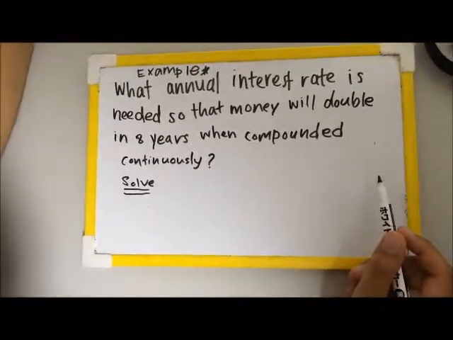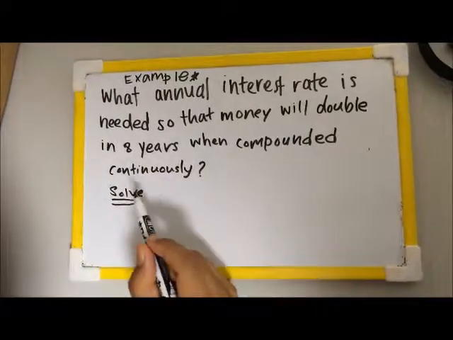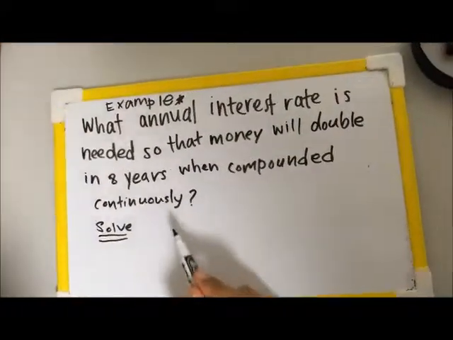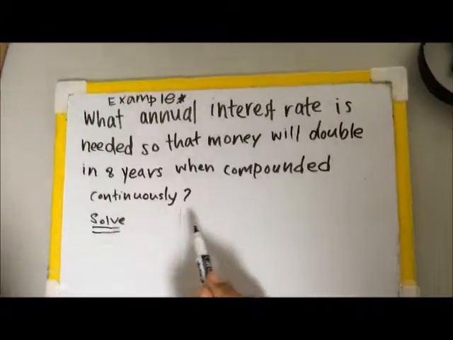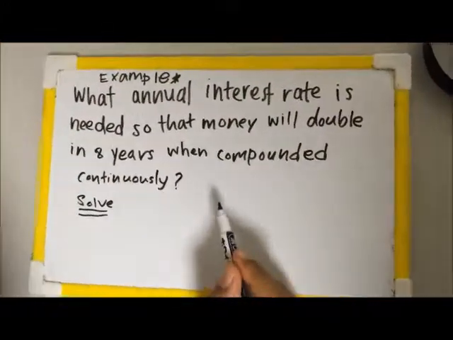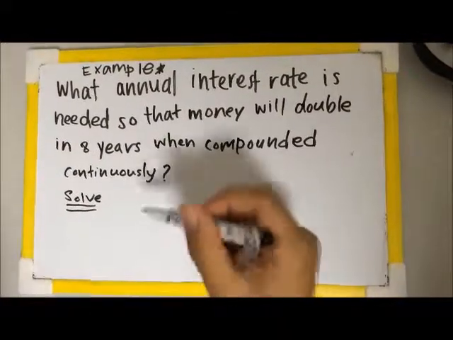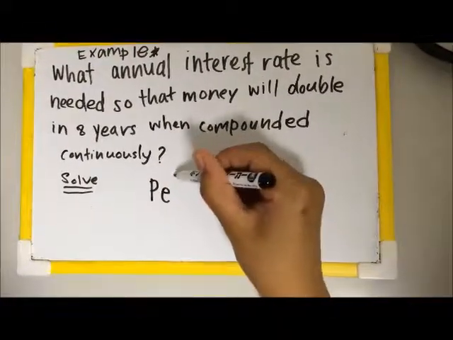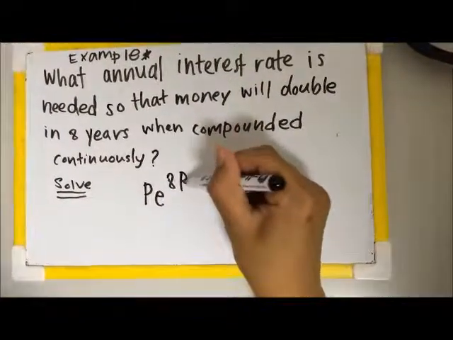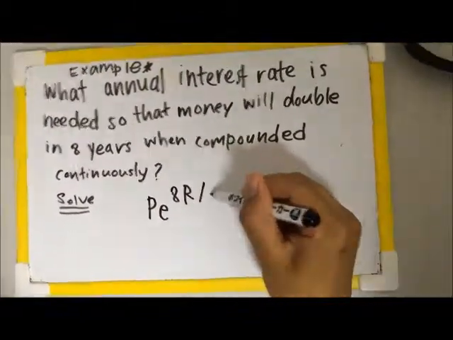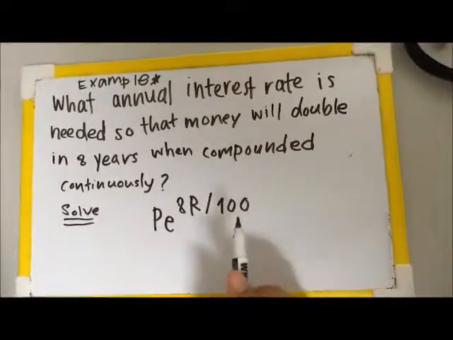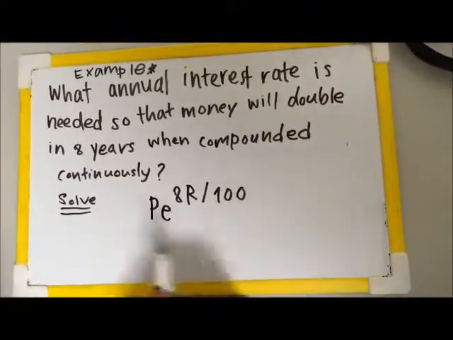So the solution is: after 8 years an initial amount P compounded continuously at R% annual interest grows to P times e to the power 8 times R over 100. We want this to equal twice the initial amount, so solve this.